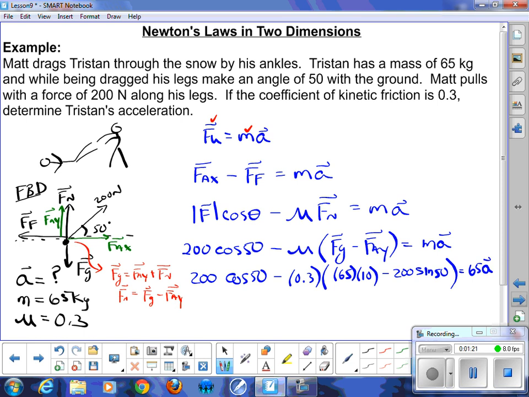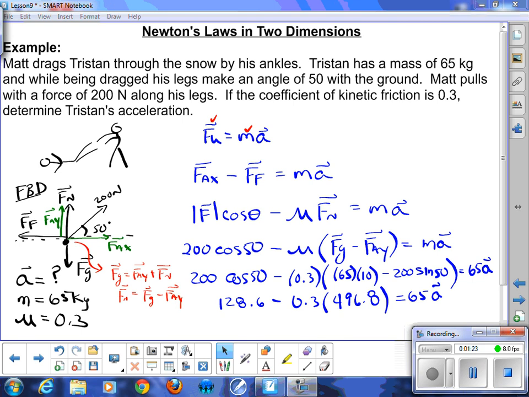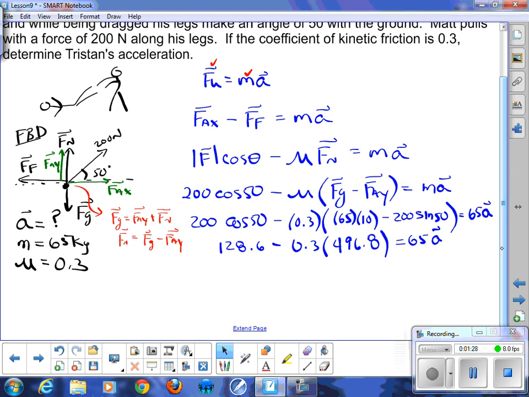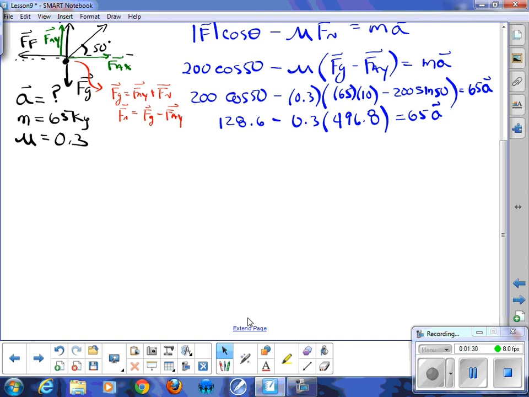So using your calculator, we get the 200 cos 50 reduces to 128.6. And then inside the brackets, it gets to 496.8. So now collecting that together, 128.6 minus 0.3 multiplied by 496.8 bracket equals negative 20.44 equals 65 times acceleration.